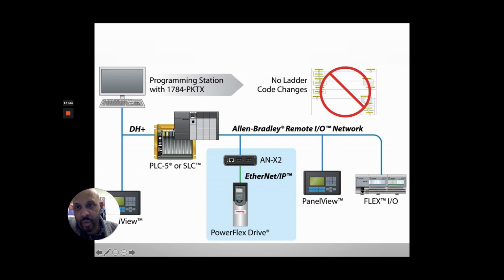Are you connecting to a computer? Are you connecting to another PLC? Are you connecting to an HMI? An HMI is just a device that allows us to monitor and to communicate directly with the PLC. If you have a production plant, you're not going to have computers all over the place.